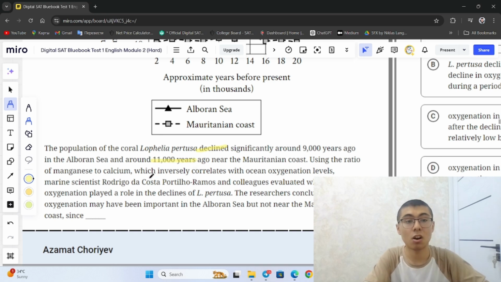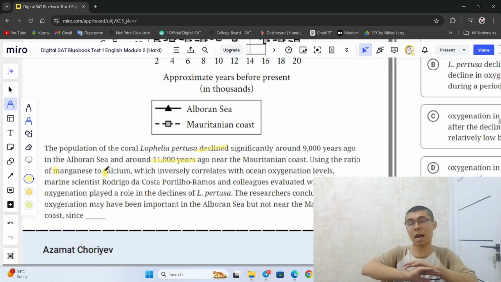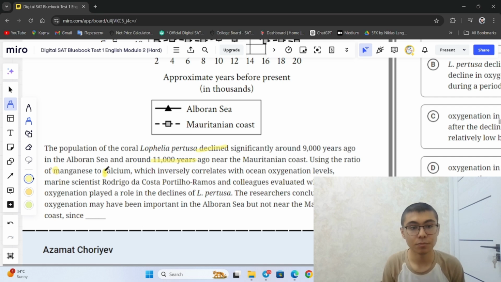Using the ratio of M to C, let's say it like that, because I'm not going to waste my time reading those if I had this question, because I have so little time in the real SAT, which inversely correlates with ocean oxygenation levels.